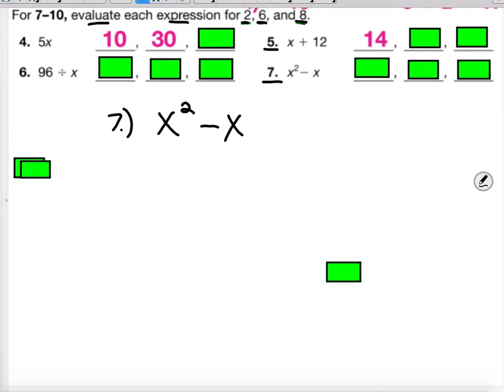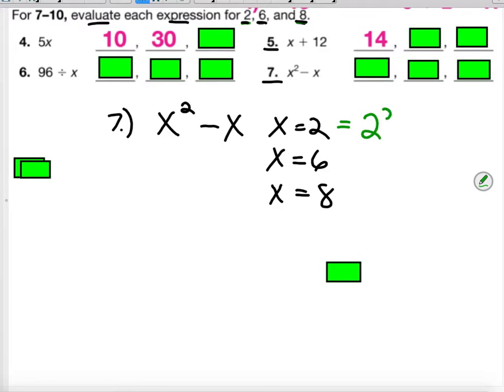Now remember, x is going to have a value of 2. Then we're going to try x with a value of 6, then x with a value of 8. This looks like it could be a little bit tricky, but if you set it up, taking your time, you'll see that we just simply have a new expression which would be written as this.